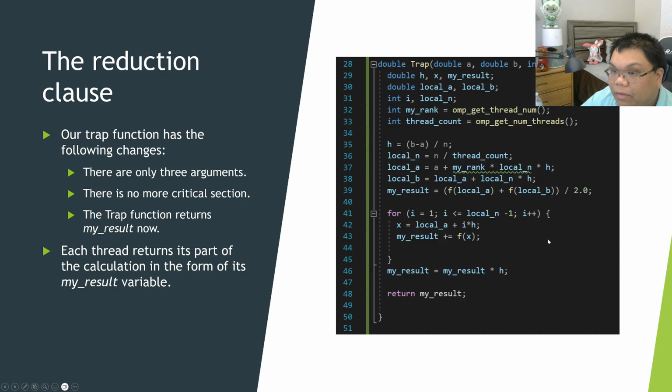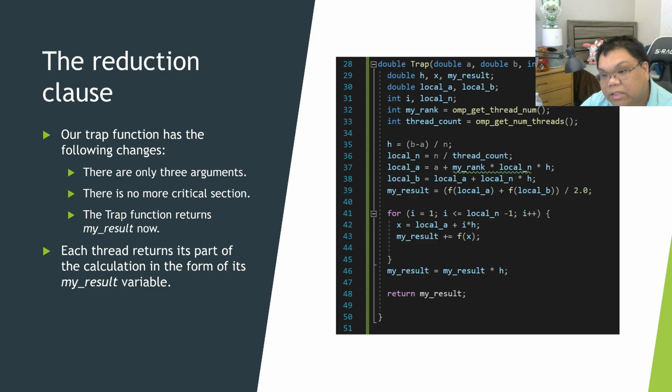We change our trap function in the following way. Now, instead of 4 arguments, there are only 3 arguments, and there is also no more critical section.